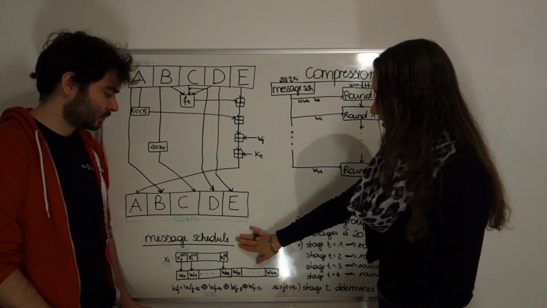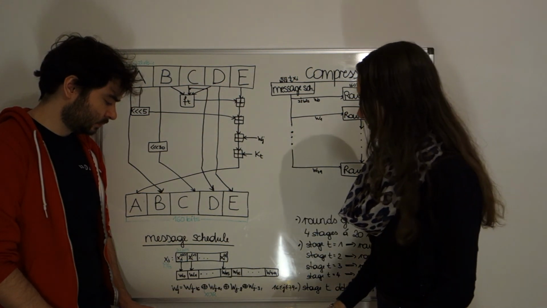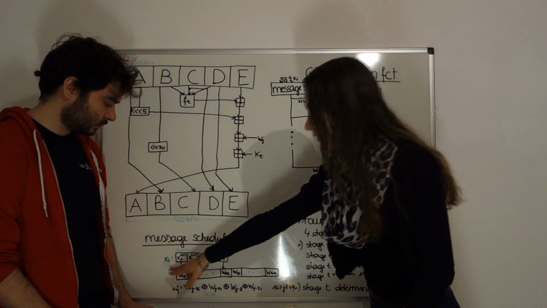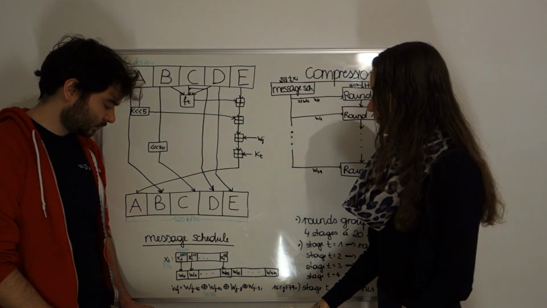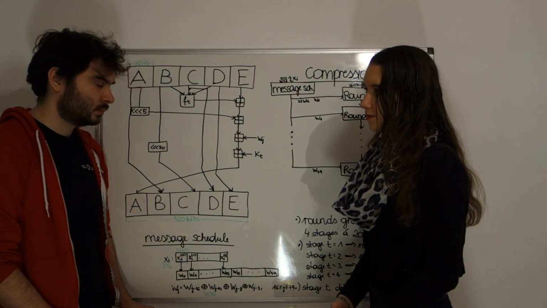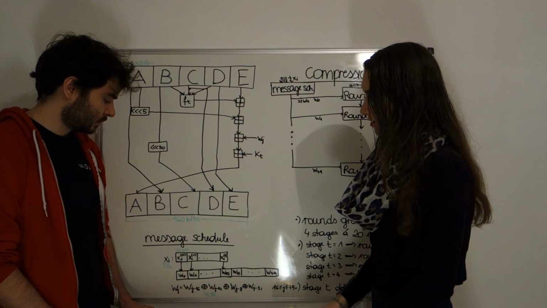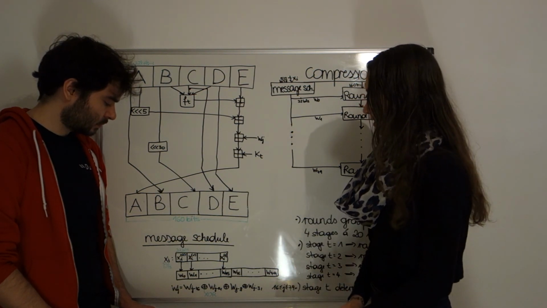So now we will discuss the message schedule. It's very easy. We have our 512 bits long message, and we make 16 blocks out of it, each block containing 32 bits. So it's not only partitioning, but it's a bit more complex.